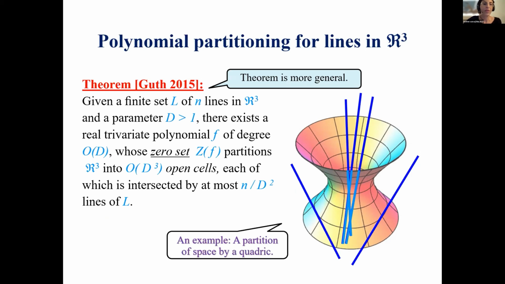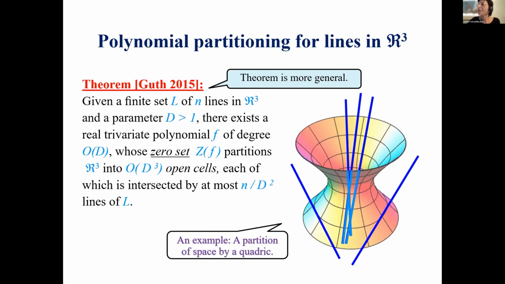This is the way that I'm demonstrating it. So given a set L of n lines in 3 space and a degree parameter capital D, Larry Guth showed that there exists a real nontrivial polynomial f of degree order of D, whose zero set Z of f, these are all the points in space where the polynomial is equal to 0, partitions the 3-dimensional space into order of D cubed open cells, each of which is intersected by at most n over D squared lines of L. Okay, so this is a worst case bound.